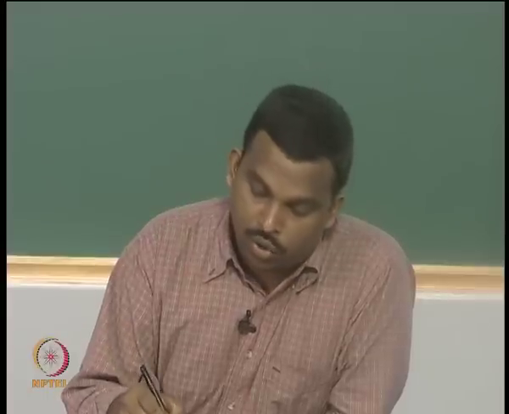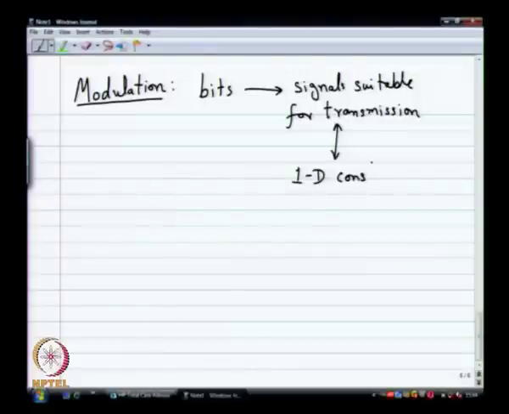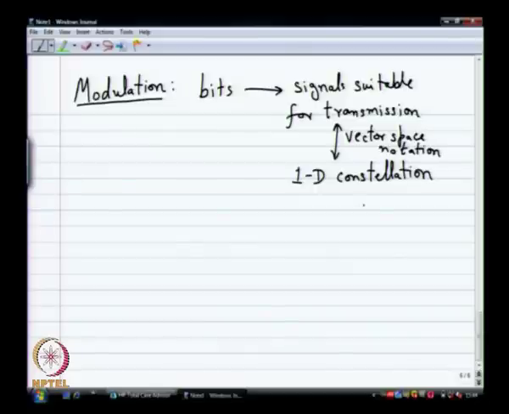Pretty much for the entire course we will only deal with 1-dimensional constellations in the vector space representation. In fact we will not even look at generic 1-dimensional constellations, we will simply look at what is known as BPSK.